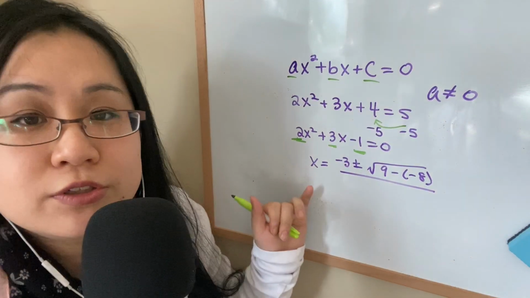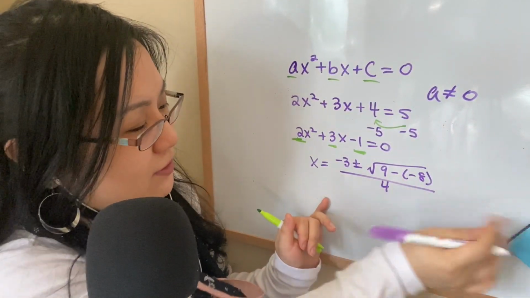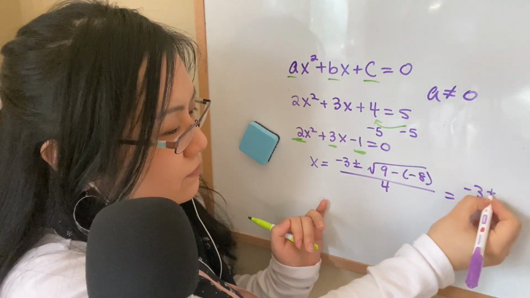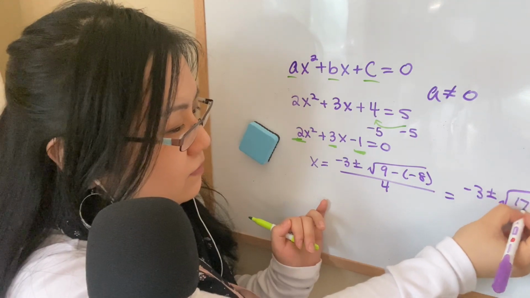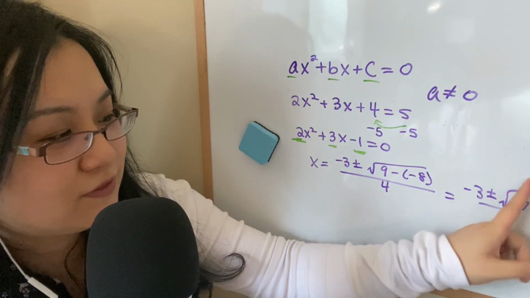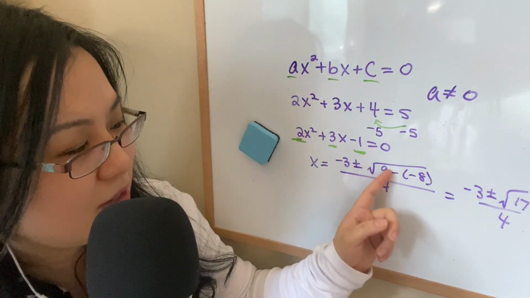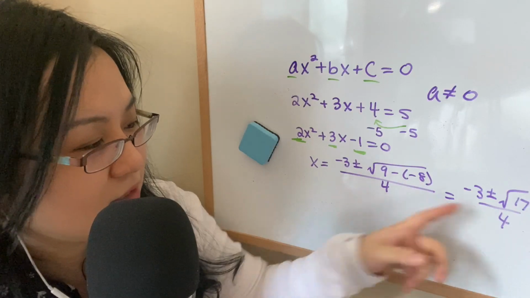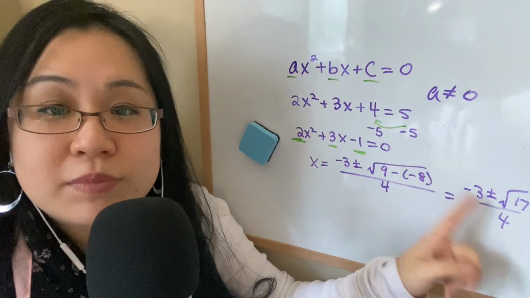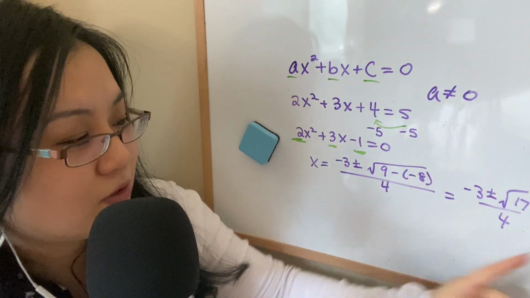All over 2 times a, 2 times 2 is 4. This kind of got cut off, but I think you can see it. It's just the square root of 17. So -3 plus or minus, 9 minus -8 is 9 plus 8 is 17, all over 4. So it's -3 plus square root of 17 over 4 and -3 minus square root of 17 all over 4.